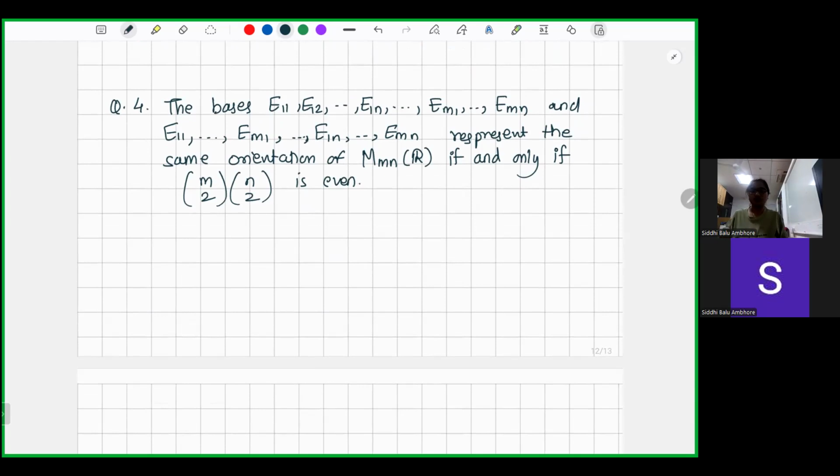This is what we are asked to prove. So see, these are two bases of M n cross.